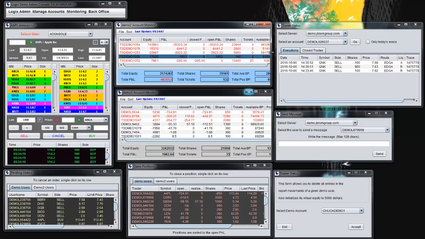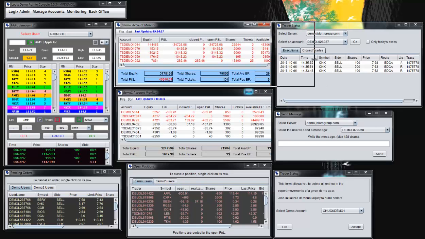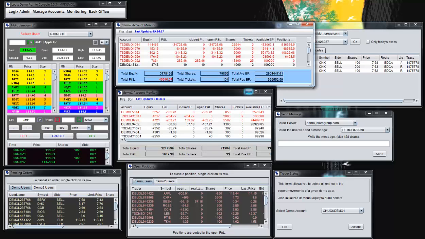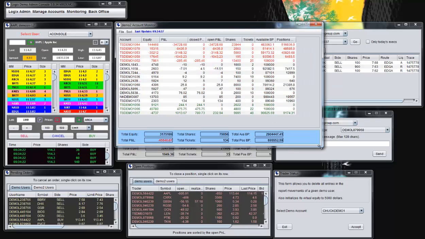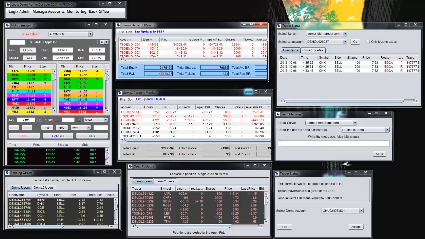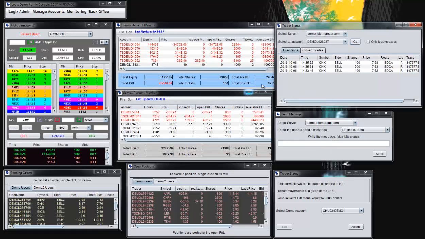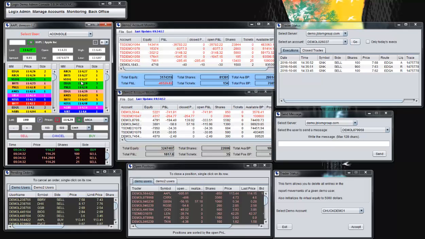So this gives you a bird's eye view of what everybody's doing, if they're following your strategy, and if they're really following the strategy. At the same time, you have a level two. It's not so important in a simulator type of environment, but it does help.